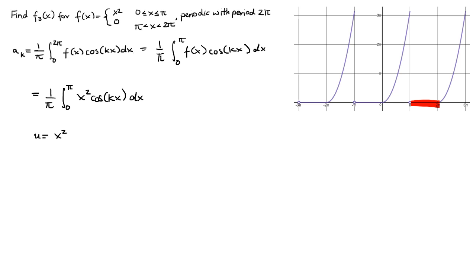So u is equal to x squared, dv is equal to cosine of kx. I'm going to differentiate x squared and integrate cosine of kx. So we get 2x, 2, and 0. And cosine of kx integrates to sine of kx over k.